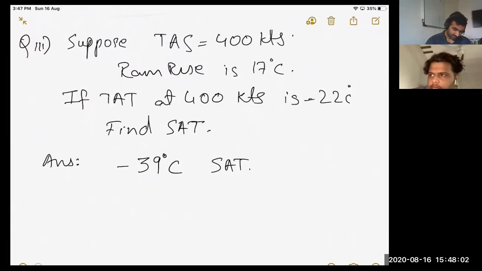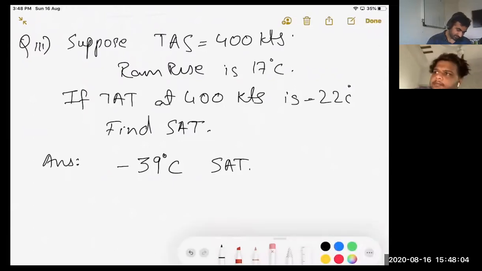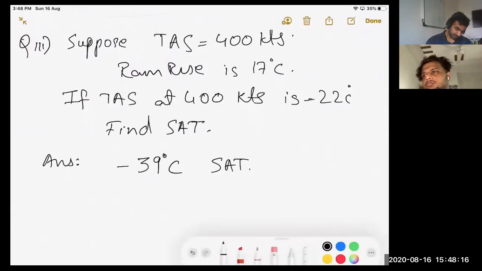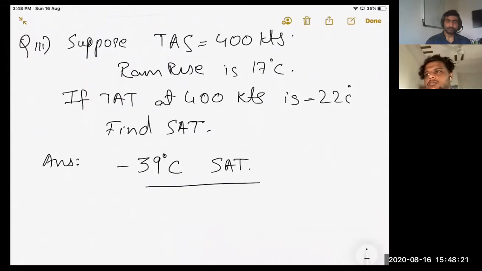This is TAS at 400 knots. This is TAT at 400 knots. Easy. Now find the same options in your nav calci.